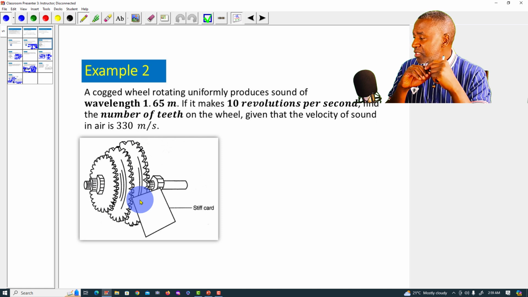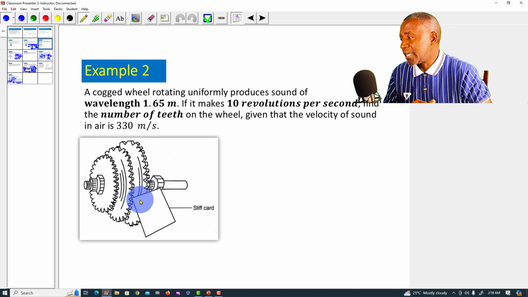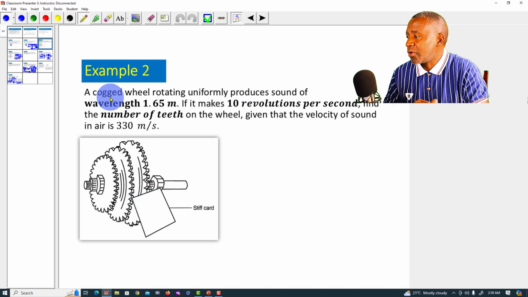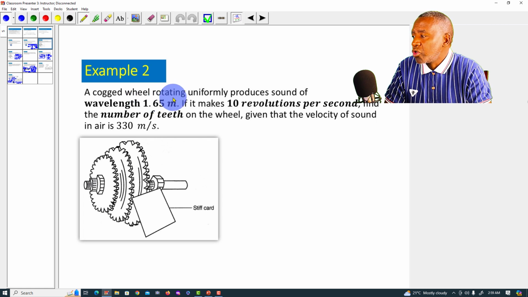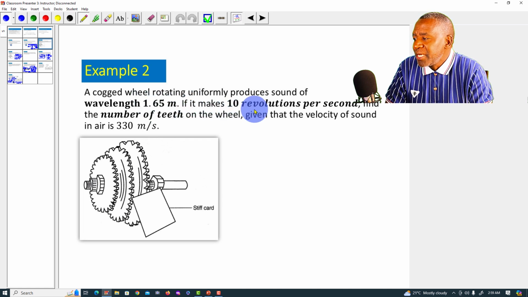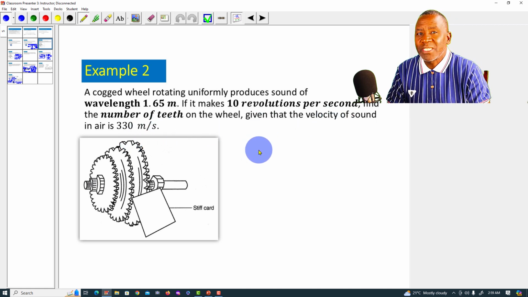So this cogged wheel will make this paper vibrate. And just like previously, we are given that a cogged wheel rotates uniformly, produces sound of wavelength 1.65 meters. If it makes 10 revolutions per second, find the number of teeth on the wheel, given that the velocity of sound is 330 meters per second.